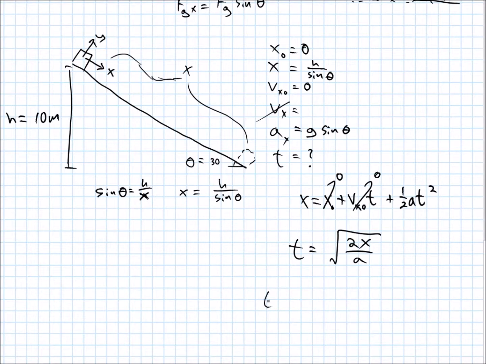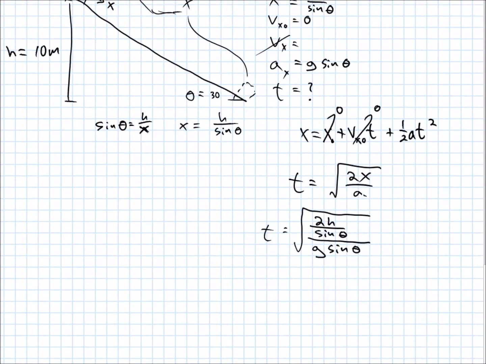Can plug some things in here. The square root of, so plugging in x, and oh geez, moving on here. I think I'll just plug numbers in at this point, right?